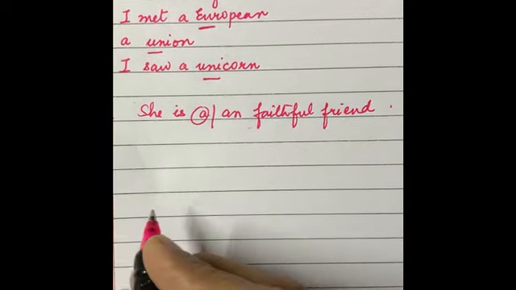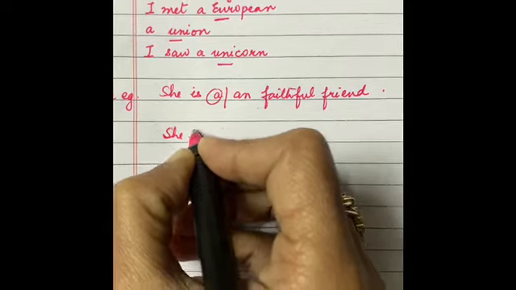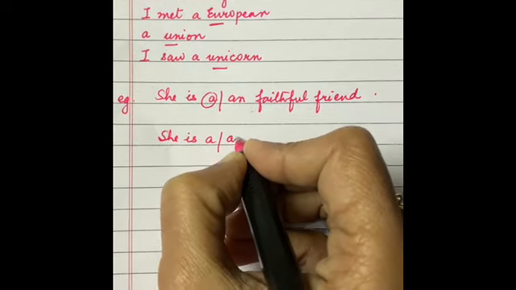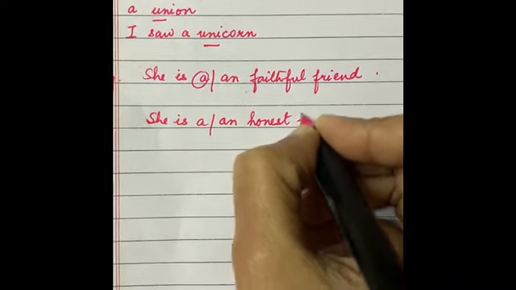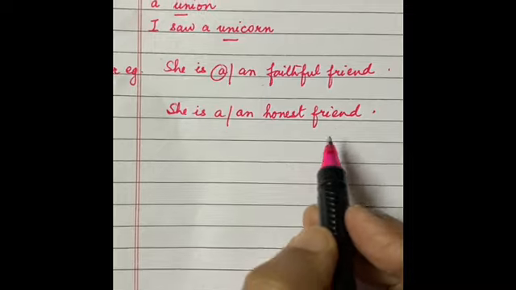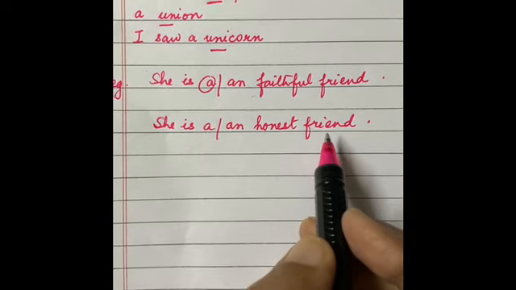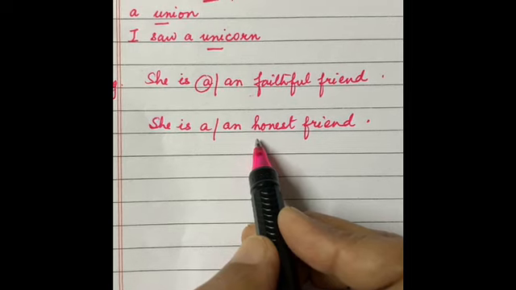I'll give you one more example here. She is a or an honest friend. Now again, friend is a noun, but honest is an adjective.